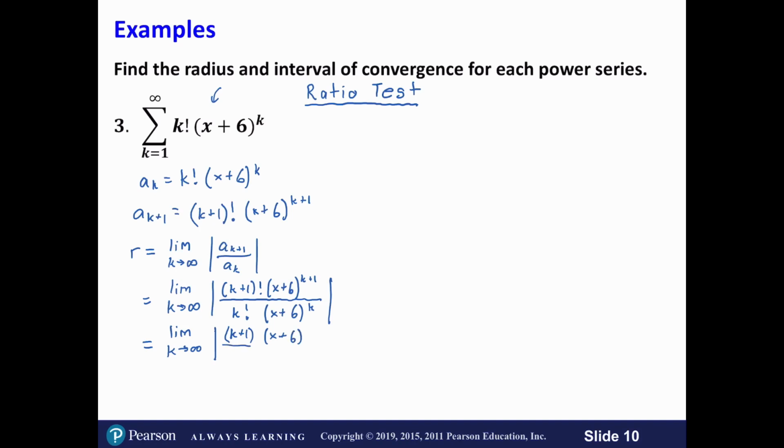And then on the denominator we can write 1 if we want to. Okay, here the x plus 6 has no k's associated with it, so we can pull that outside of the entire limit. We can write this as x plus 6 in absolute value times the limit as k approaches infinity of the absolute value of k plus 1.